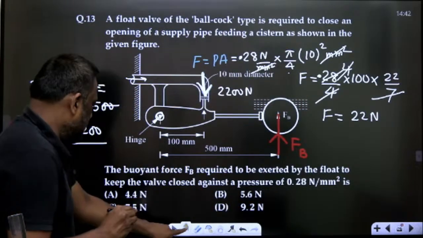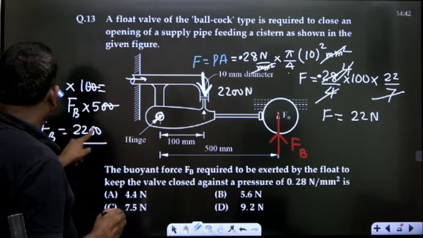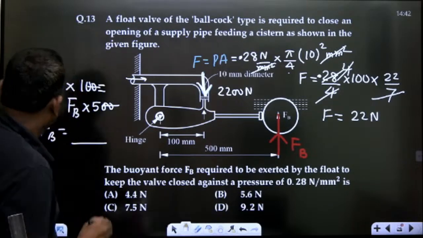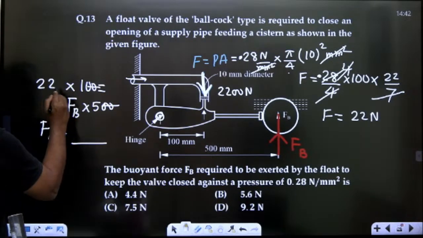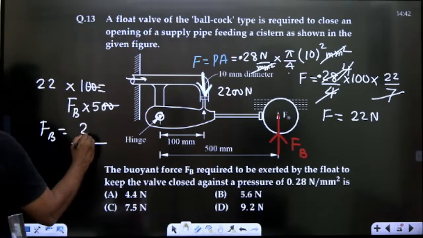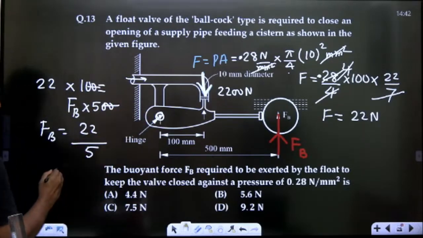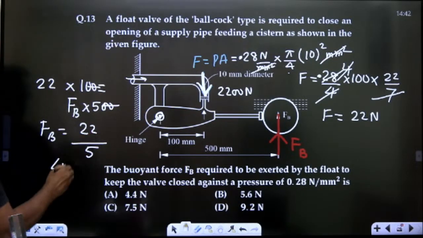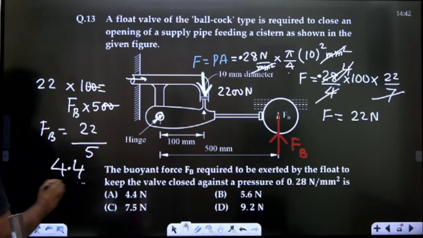So FB will be equal to 22 by 5. No calculator please. That gives 4.4 Newton.